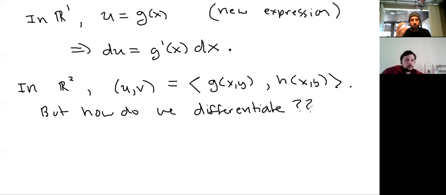It's taking two guys and mapping it to two guys. So we have to think about a way of thinking about this that would also, in the case of one dimension, reduce down to what we already know from Calc 1.